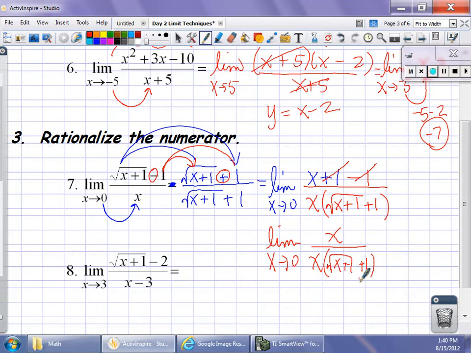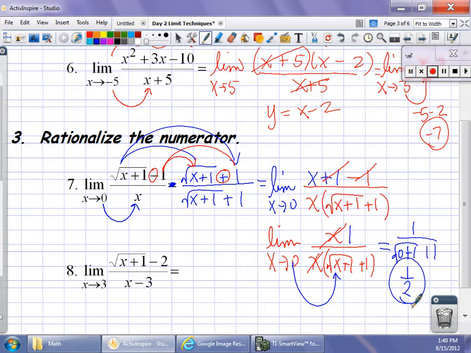I think you can see what's happening. The x's are going to divide out, leaving me in the numerator with a 1. So now I can use direct substitution, and I'll get 1 over the square root of 0 plus 1 plus 1, which is going to be 1 over 1 plus 1, which is 1/2.